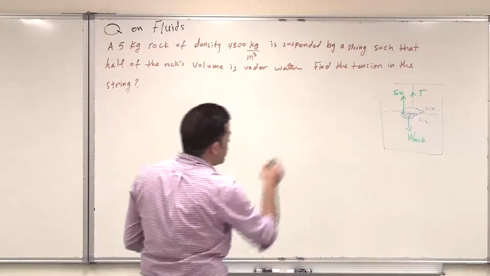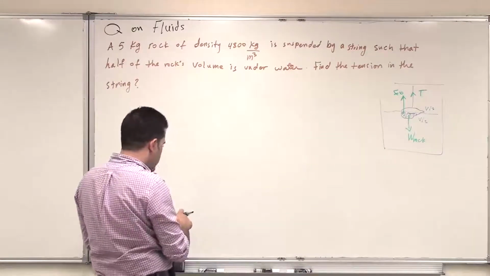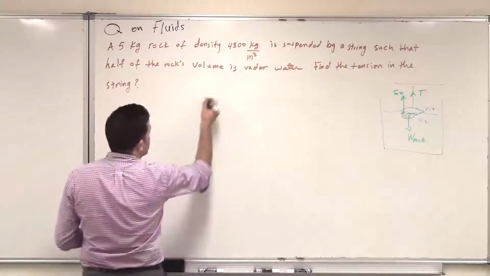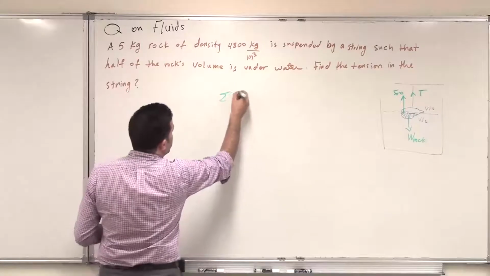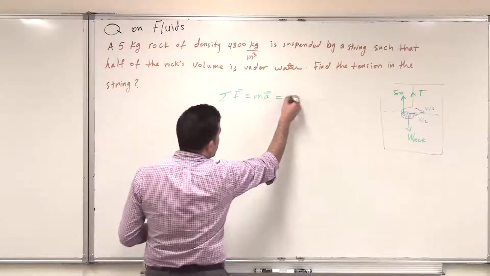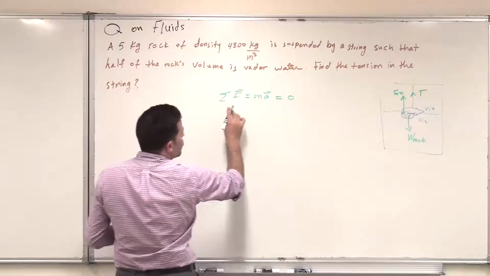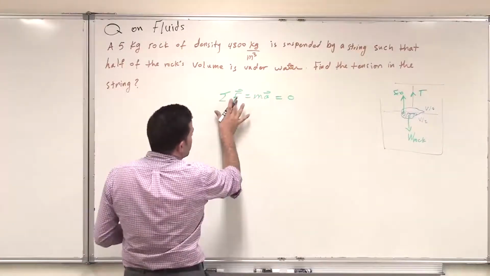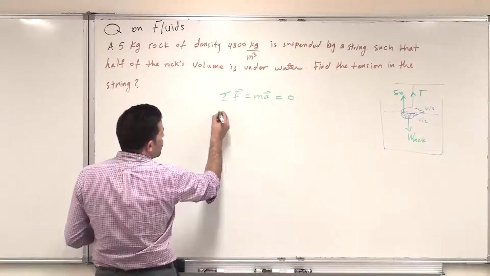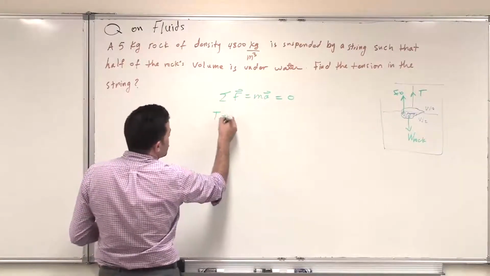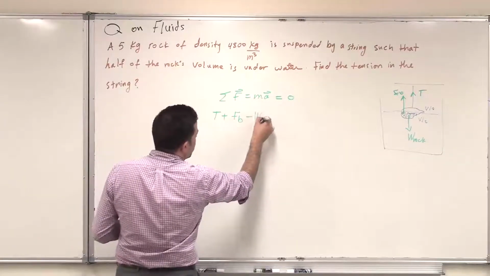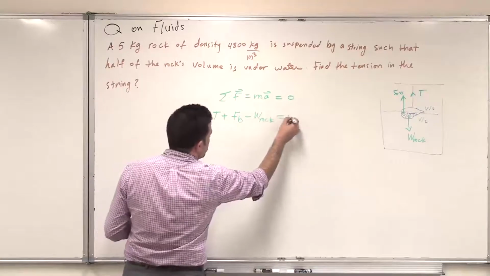So in order to find the force of tension in the string attached to the rock, we can utilize Newton's second law, sigma F equals ma. And because this is an equilibrium, it equals 0. We have two forces pointing up, which are the tension plus the buoyant force, minus the weight of the rock, which should equal 0.